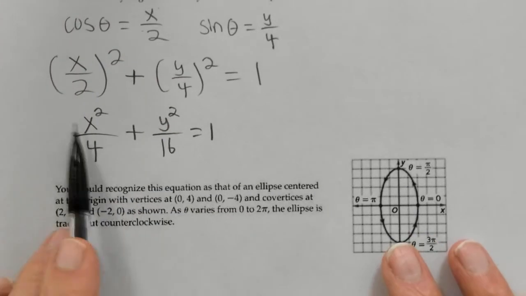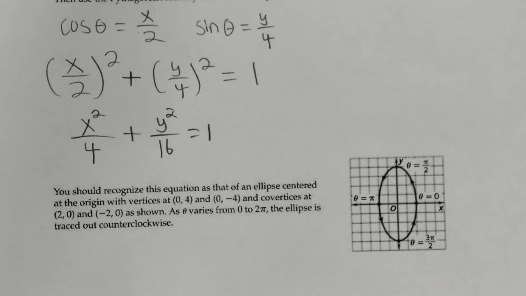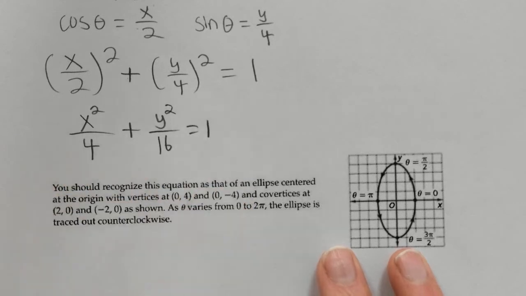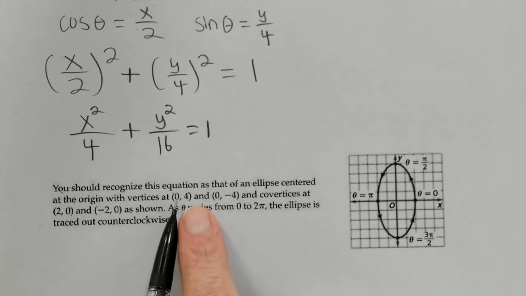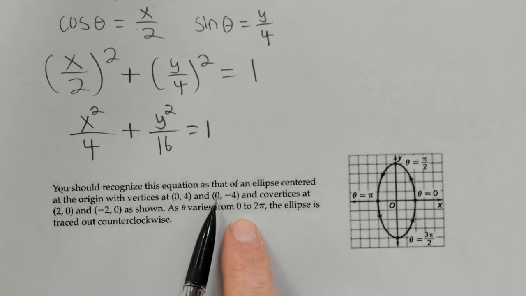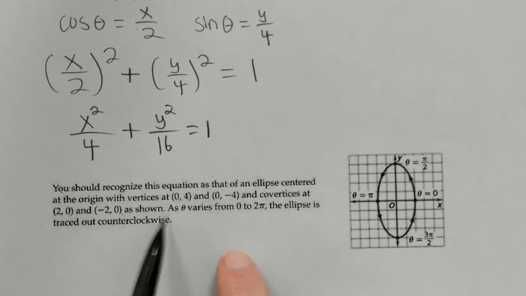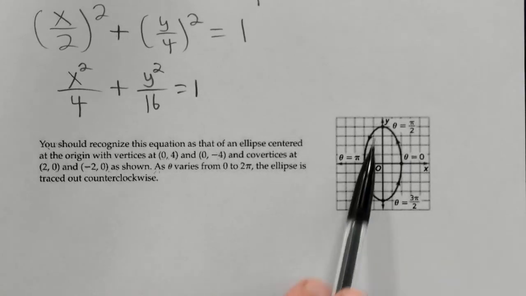Now I have just one equation in terms of x and y. So we have accomplished the task. But this should look familiar. Based on the unit that we've just completed, we should recognize this equation as that of an ellipse centered at the origin with vertices (0, 4) and (0, -4), and co-vertices at (2, 0) and (-2, 0). The graph is shown here.